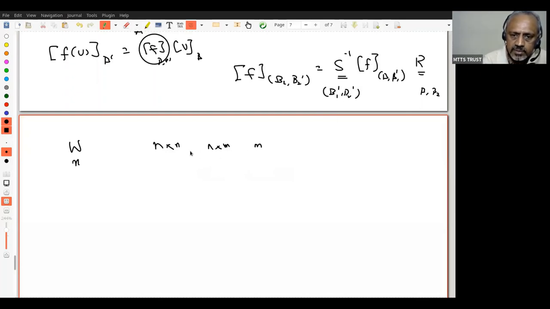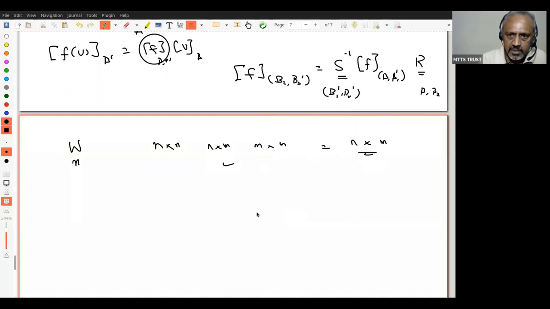And R is the transition matrix on m, so it is m cross m. Therefore, the product is an n cross m matrix. That is what it should be, because this is a matrix representation from B to W. Its type should be n cross m. So at least they tally up.